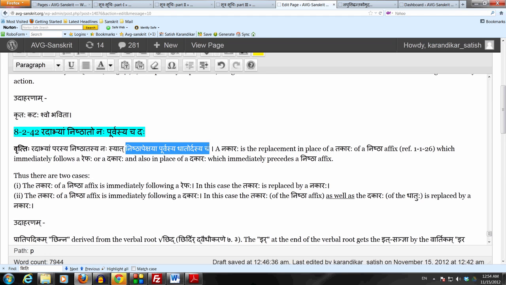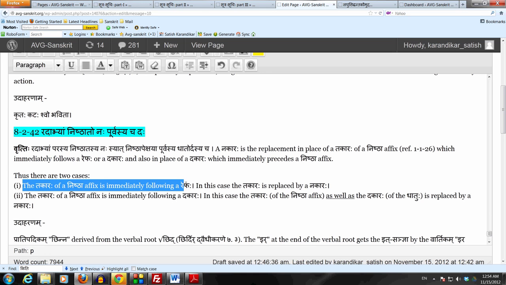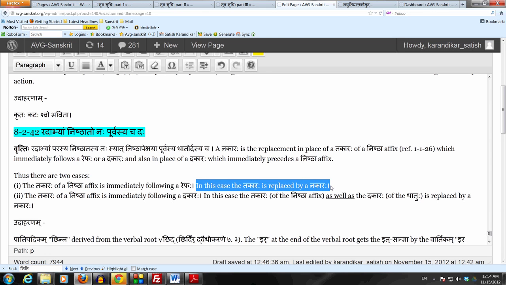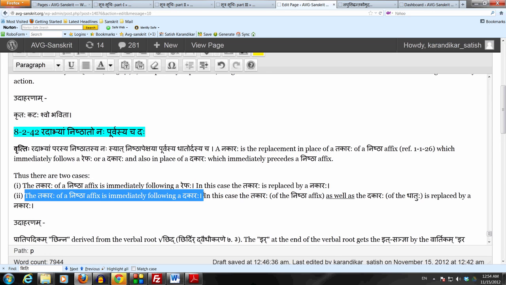So there are two cases here. One case is that there is a repha immediately preceding the takara of a nishtha pratyaya. In that case, only one operation takes place, which is that the takara of the nishtha pratyaya is replaced by a nakaraha. The second case is that there is a dakaraha preceding the takara of a nishtha pratyaya. In that case, two operations take place.